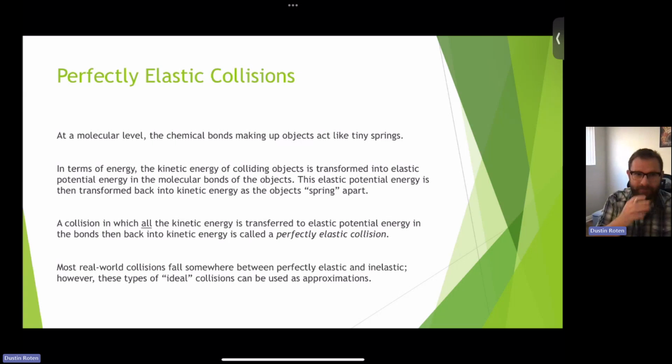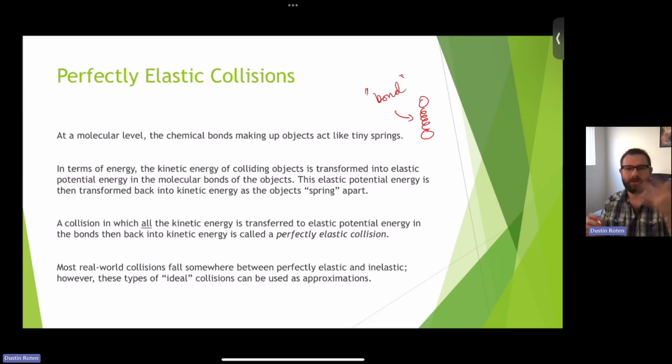So let's go ahead and define perfectly elastic collisions. You'll remember we talked about at the molecular level, the chemical bonds making up an object act like tiny springs. So you have this lattice type situation where you have an atom, and then the spring is the chemical bond between.